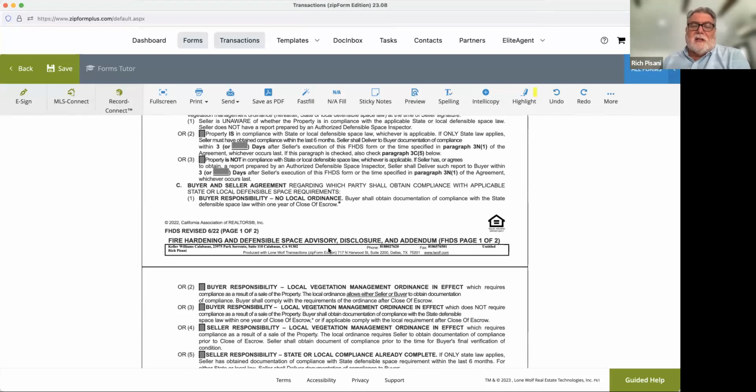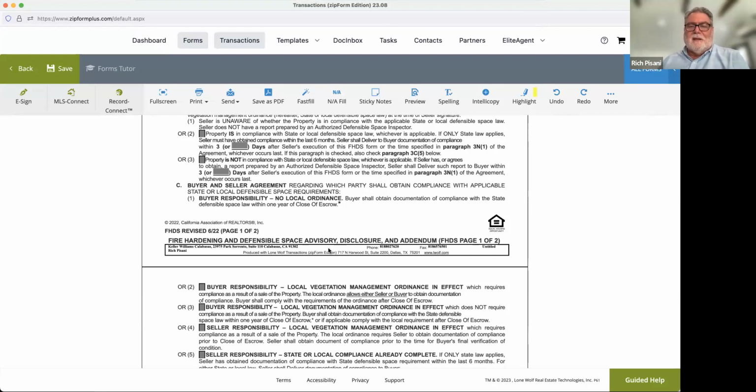Number two says buyer responsibility, local vegetation management ordinance in effect, which requires compliance as a result of sale of the property. Local ordinance allows either seller or buyer to obtain the documentation. There is no ordinance that requires that as a point of sale, so that wouldn't be an option. Number three, local vegetation management ordinance in effect, which does not require compliance as a result of the sale of the property.